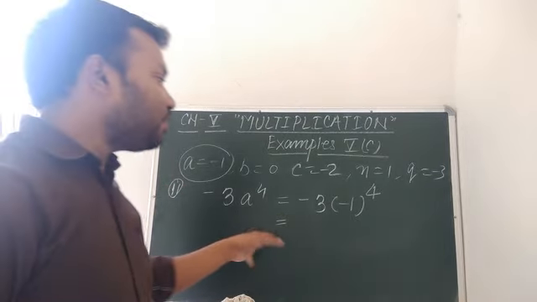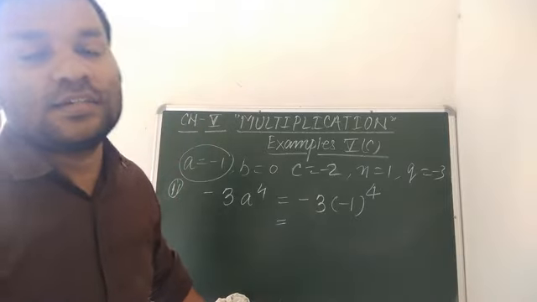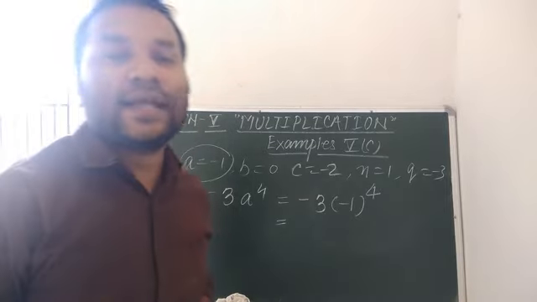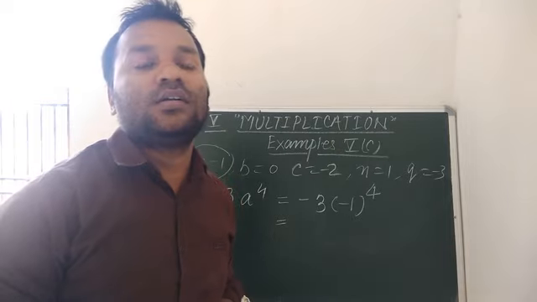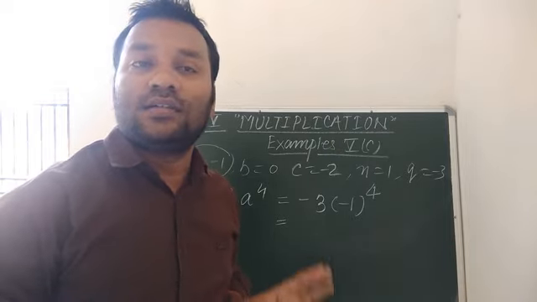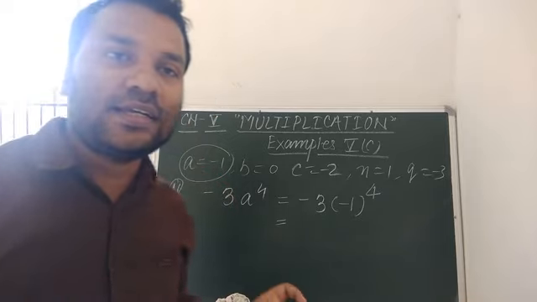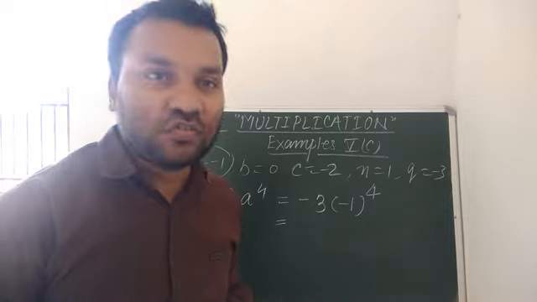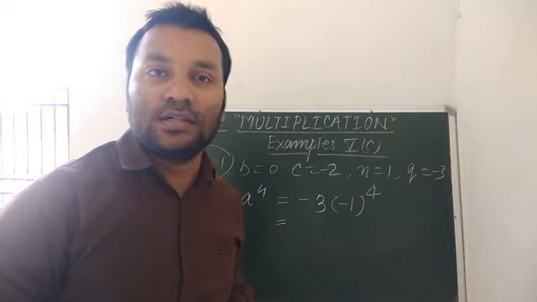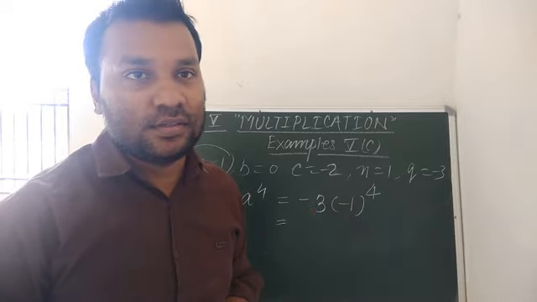Students, before we solve this question, I would like to mention one very important thing. If we have a negative quantity and the power on that negative quantity is an odd number, then the value will always be negative.